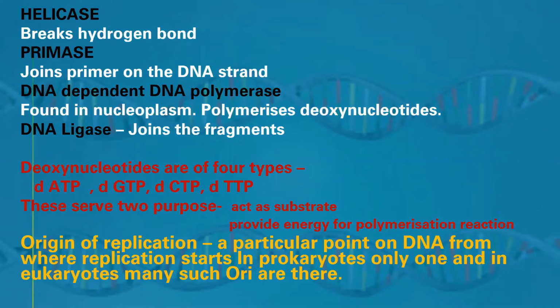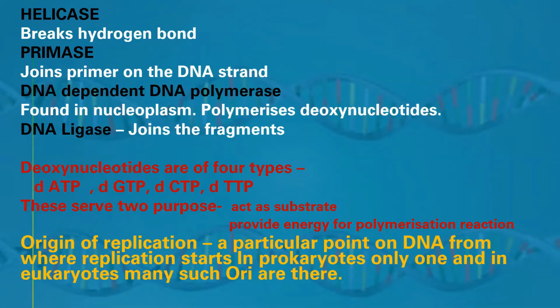There are 4 different types of deoxynucleotides: dATP, dGTP, dCTP, and dTTP, that is, deoxy adenine triphosphate, guanine triphosphate, cytosine triphosphate, and thymine triphosphate. These deoxynucleotides perform 2 functions here.